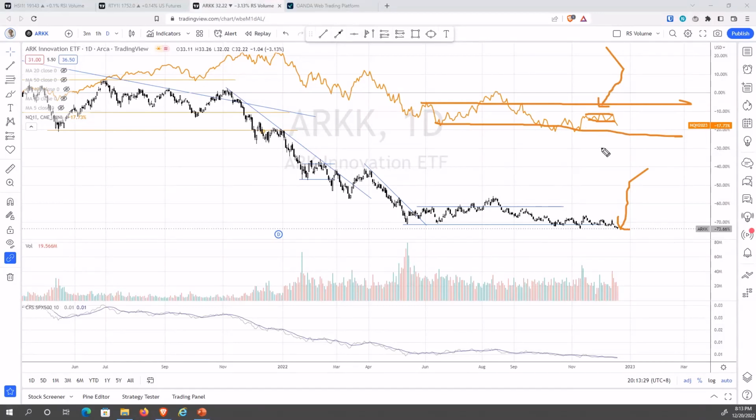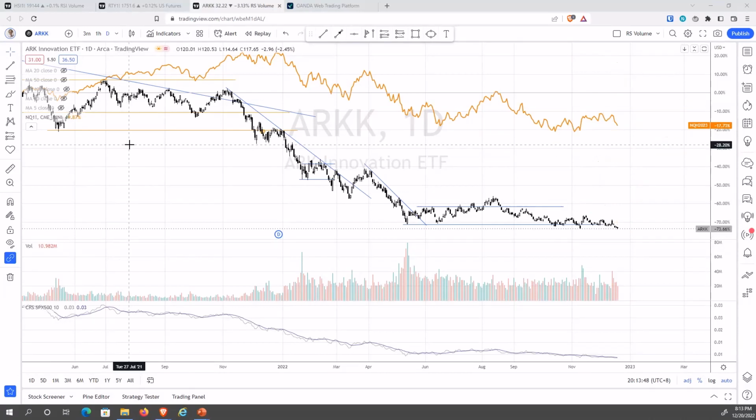But if ARKK is a leading indicator, I will likely bet on the breakdown of Nasdaq as well. A breakdown is just committing below the swing low of probably November and also October. So I think ARKK actually hinted that. We just need to get some form of confirmation from the price action of Nasdaq 100.